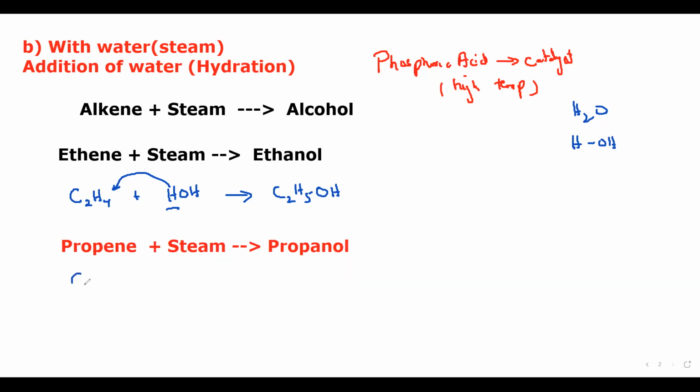Prop means 3 carbons, so C3H6 plus steam. Steam means H2O, or we can write HOH, because H2O is the same as HOH. What will be the product? This hydrogen will be added first, so it becomes C3H7 and then OH.